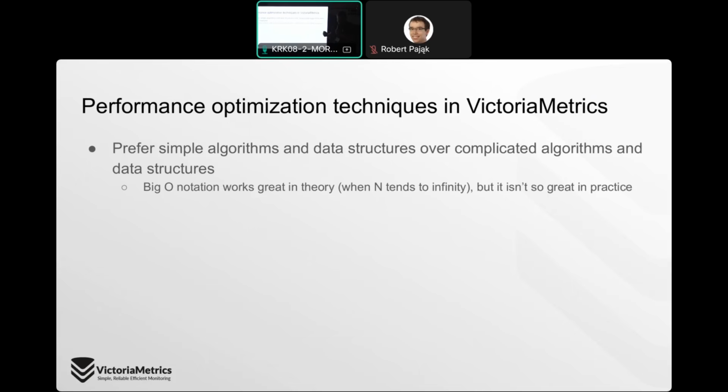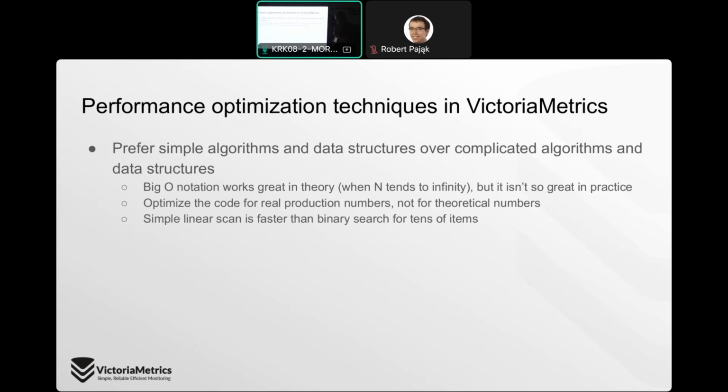And if you know big O notation, it also doesn't work great in practice, because big O notation works great for big n numbers, when n goes to infinity. And it doesn't work great for small numbers, and in practice, these n numbers are usually quite small. So do not trust big O notation during performance optimization. Instead, optimize your code for real production numbers instead of theoretical numbers.